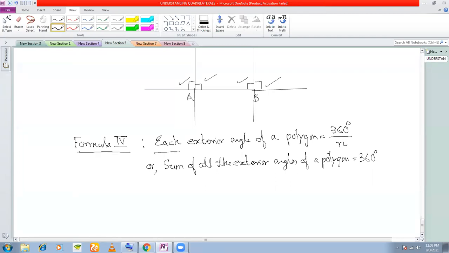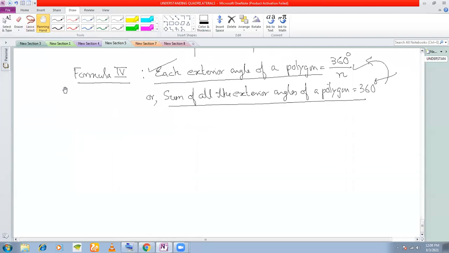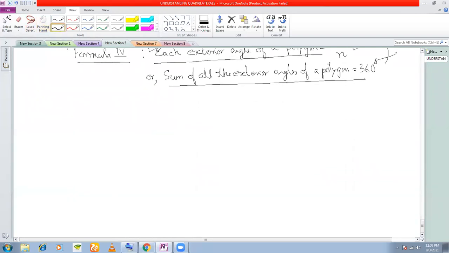It is better you remember both this formula as well as this one, although both come from each other. Assuming this, you can prove this, or assuming this, you can prove this also. For sums, mostly we'll be using this. So let us do one sum based on formula number 3 and formula number 4.